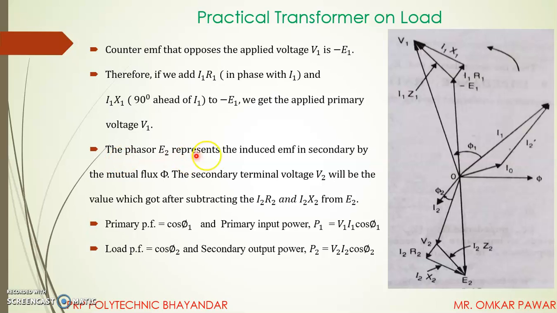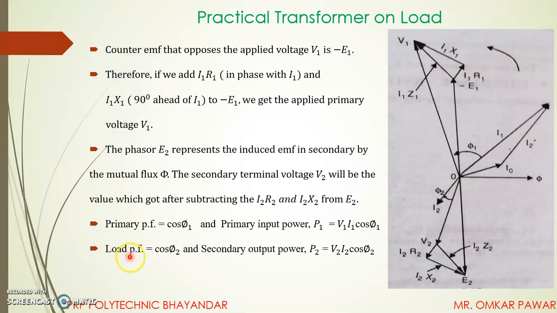So the phasor E2 represents the induced EMF in the secondary by the mutual flux phi. The secondary terminal voltage V2 will be the value we get after subtracting I2 R2 and I2 X2 from E2. So the primary power factor is cos phi 1 and the primary input power P1 is equal to V1 I1 cos phi 1.